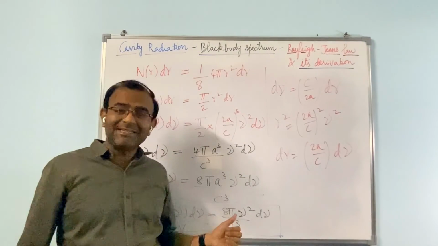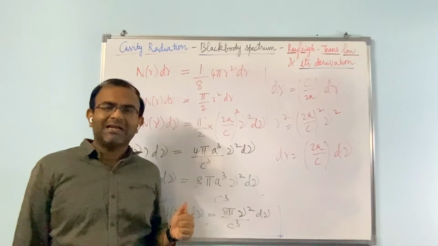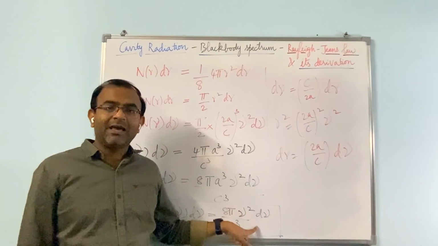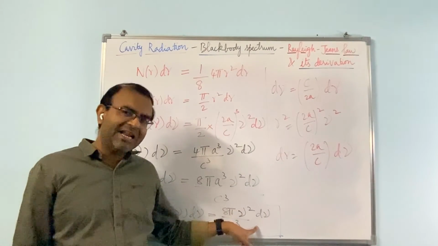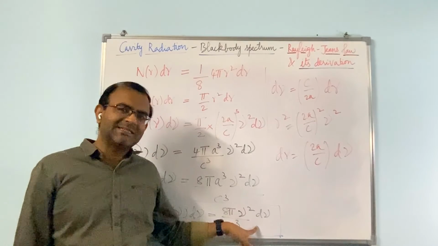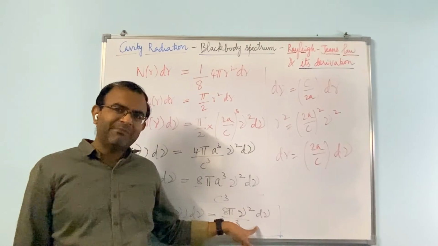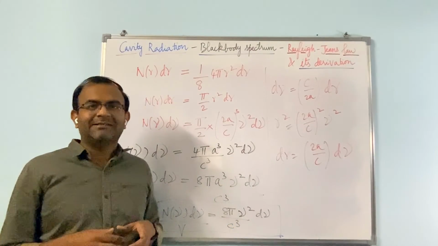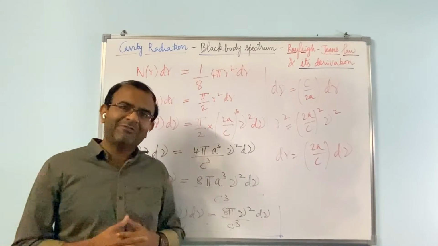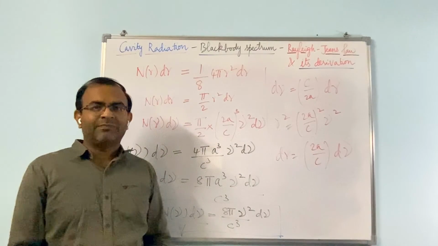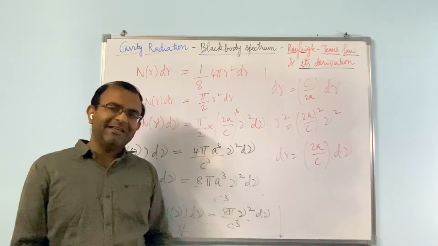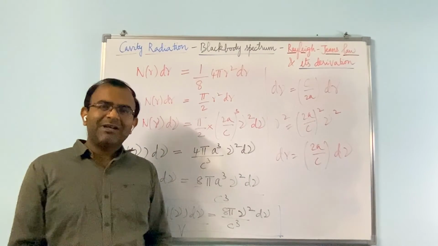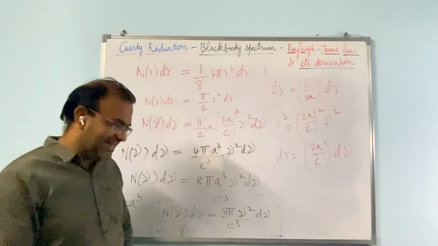Now to calculate the energy density, which was the actual calculation performed by Rayleigh-Jeans, we have to multiply this by the average energy of a system in thermal equilibrium containing a large number of similar entities. Using classical kinetic theory, Rayleigh and Jeans were able to prove that average energy is equal to kT.